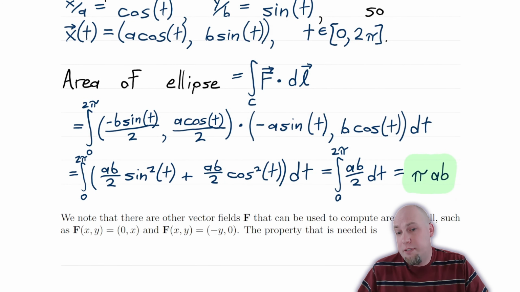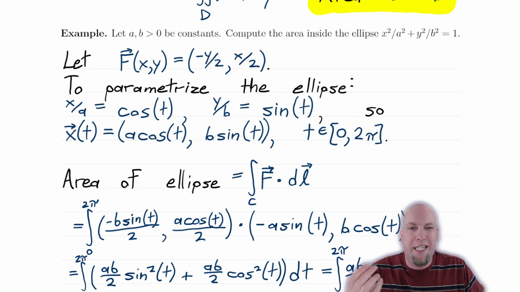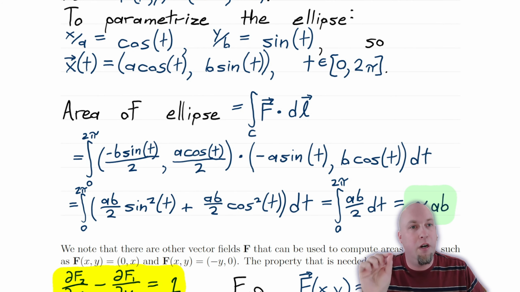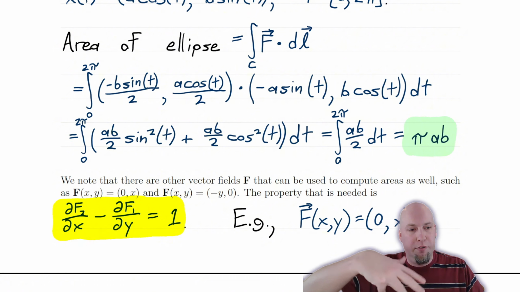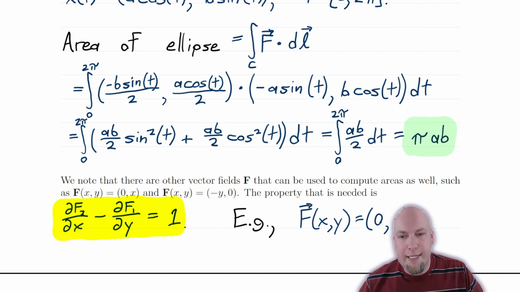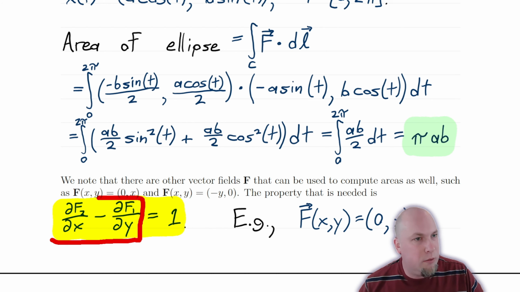Maybe I should mention, this particular vector field, negative y over 2, x over 2, is special, but it's not unique. There are other vector fields that will do this exact same thing. If you do the vector line integral over these other vector fields, you still get the area of the region in the middle, because really all we needed was that the quantity inside of the double integral in Green's theorem equaled 1.